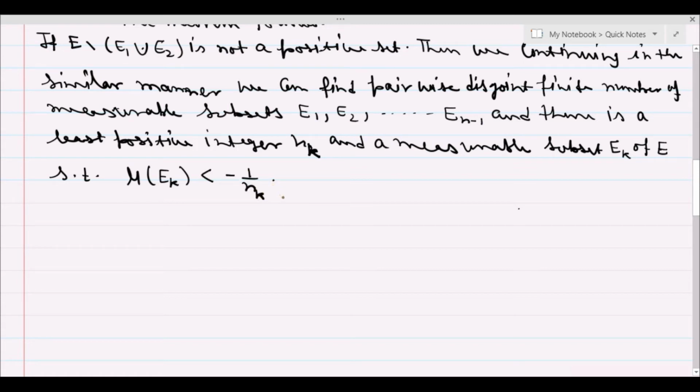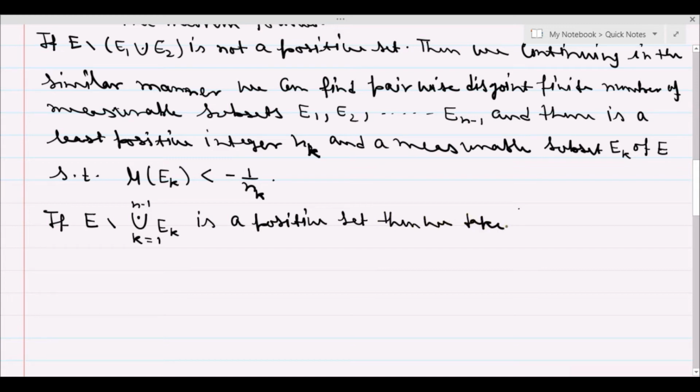So if E minus the union over k equal to 1 to n minus 1 of Ek is a positive set, then we take A equal to E minus the union over k equal to 1 to n minus 1 of Ek.